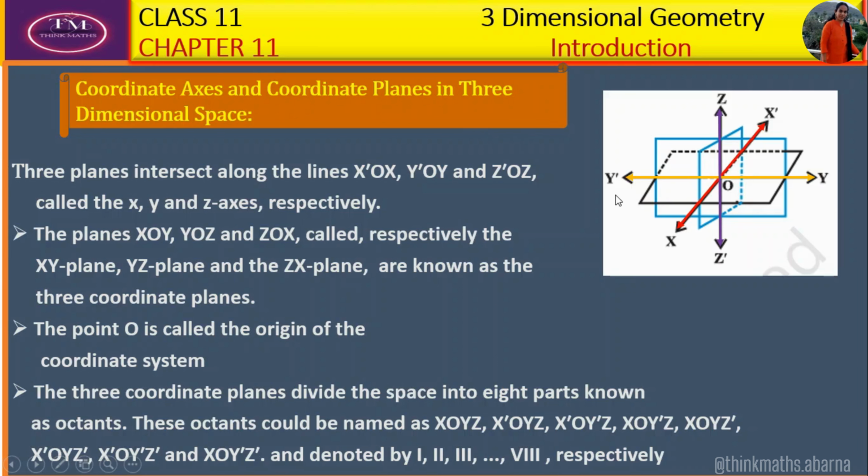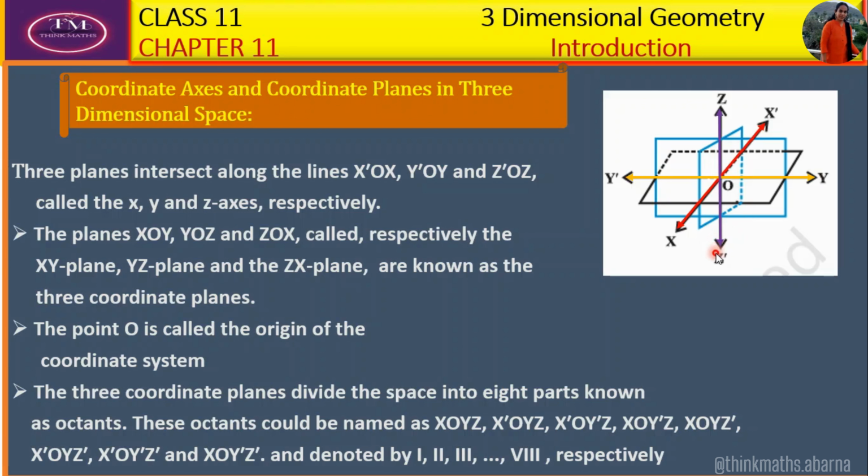These three planes intersect along the lines X O X dash, Y O Y dash, and Z O Z dash. So X O X dash is called the x axis, Y O Y dash is called the y axis, and Z O Z dash is called the z axis.